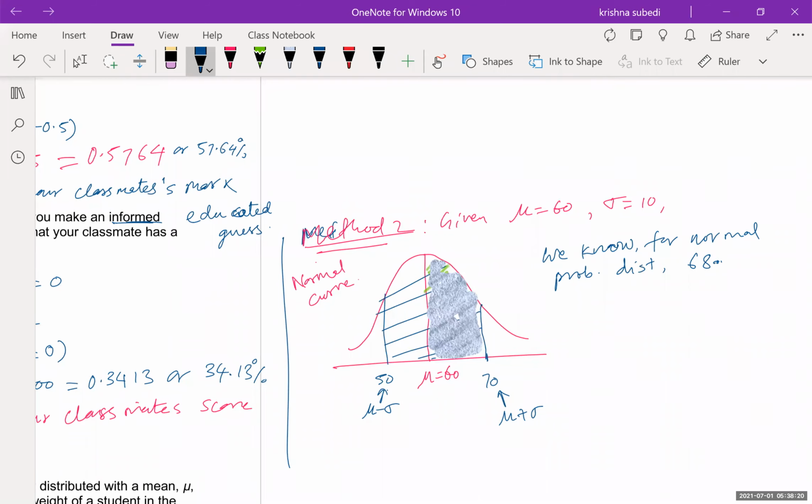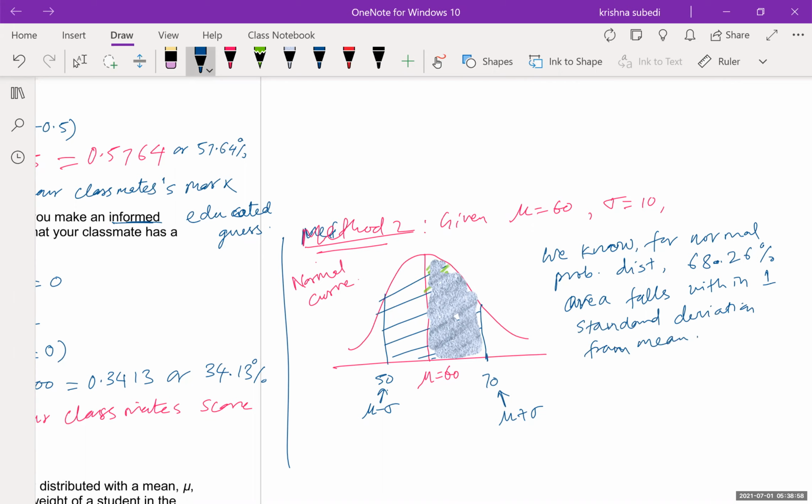Can you check your graph earlier and tell me how much is that? 68.26% area falls or lies within one standard deviation from the mean, right? One standard deviation from mean. We know this.